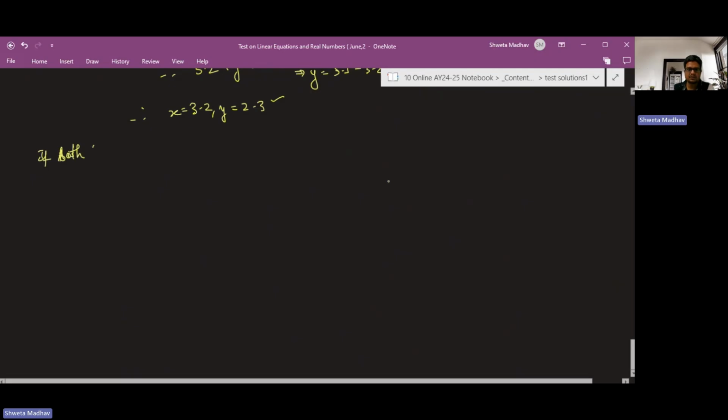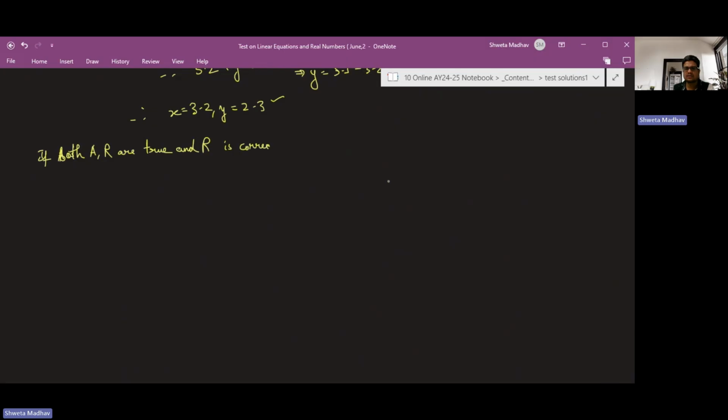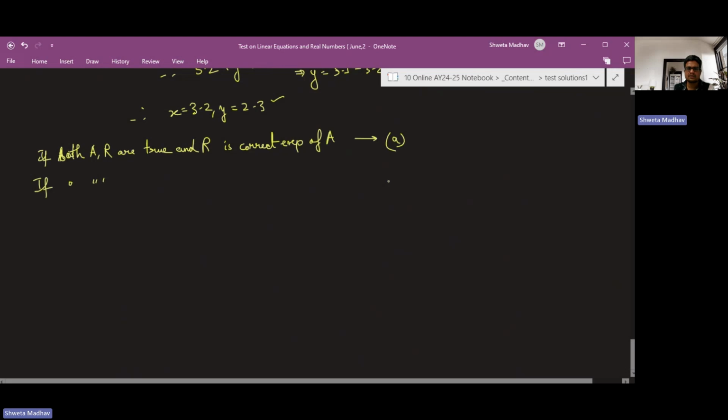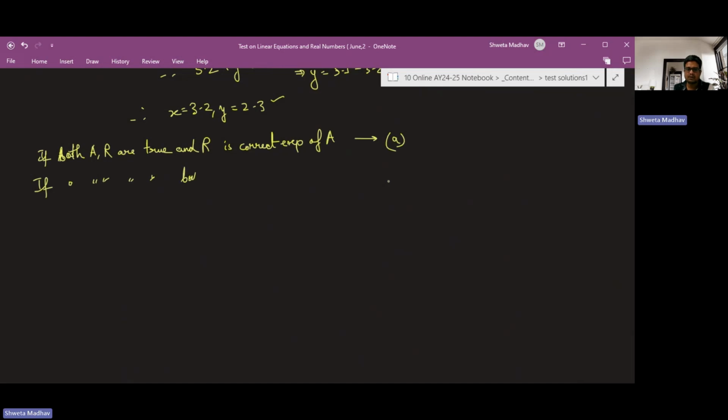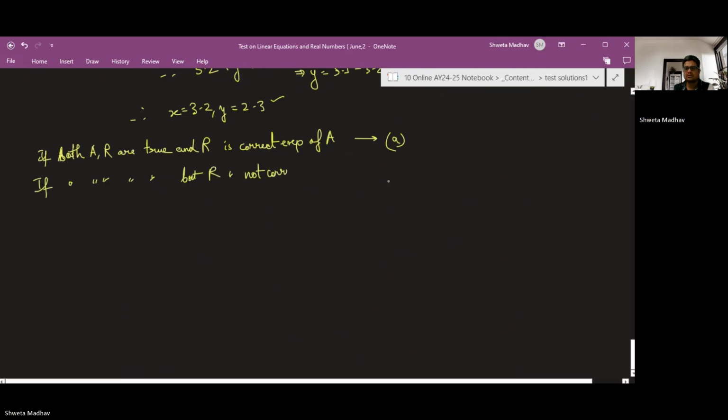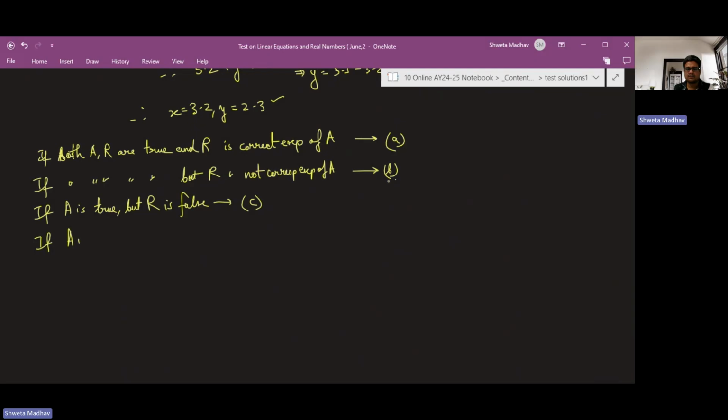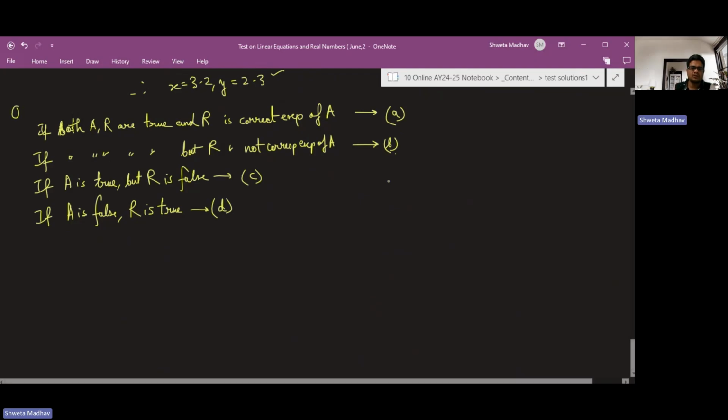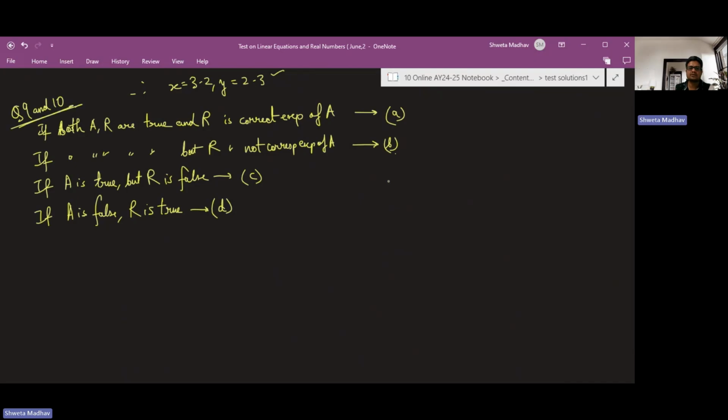If both the assertion and reason are true and the reason is the correct explanation of the assertion, then we will choose option A. If both the assertion and reason are true but the reason is not the correct explanation of the assertion, then we choose option B. If the assertion is true but the reason is false, then we will choose option C. And if the assertion is false and the reason is true, then we will choose option D.